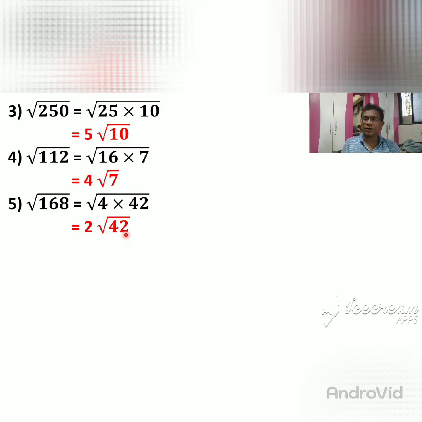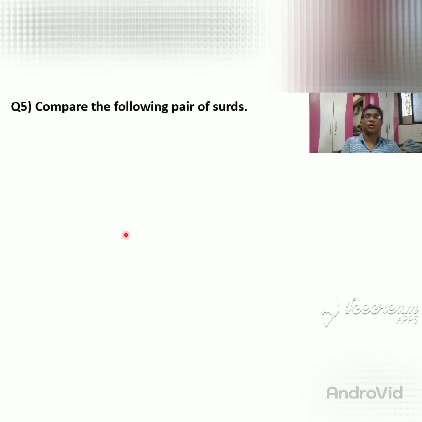Any doubts here in the 5 problems? Then we are going to learn problem number 5. Problem number 5 is: compare the following pairs of surds. It means two numbers are given, and we compare them to find which number is greater and which is smaller.